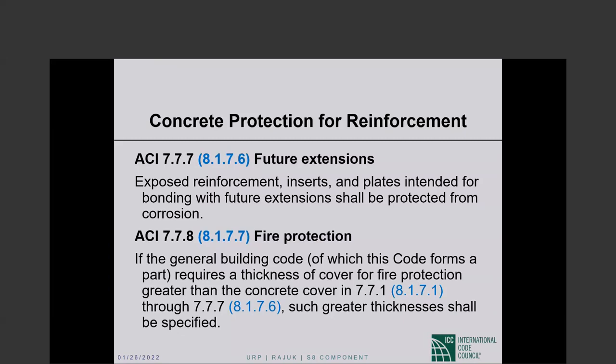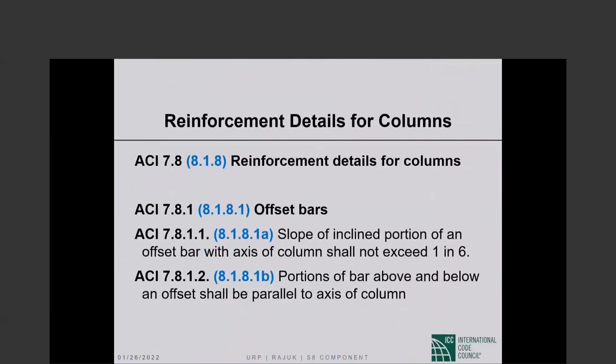You have fire resistance requirements in BNBC 2020, and in your case, the General Building Code is BNBC 2020. If the General Building Code, of which this code, meaning 318, forms a part, requires a thickness of cover for fire protection greater than the concrete cover in the table, then you will provide the greater cover, whatever is required for fire resistance.